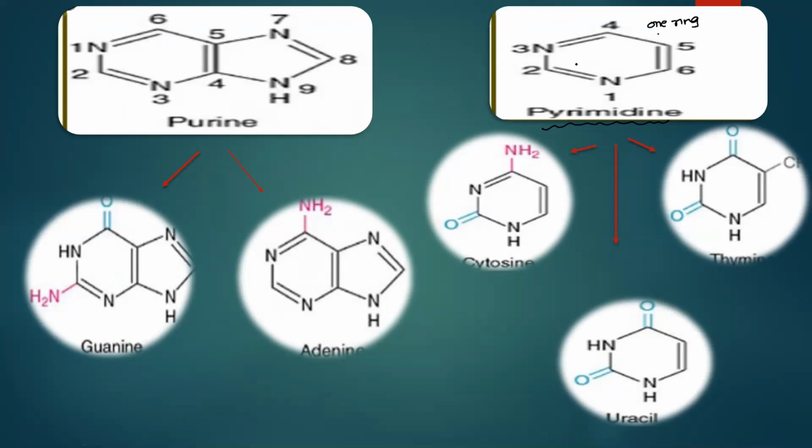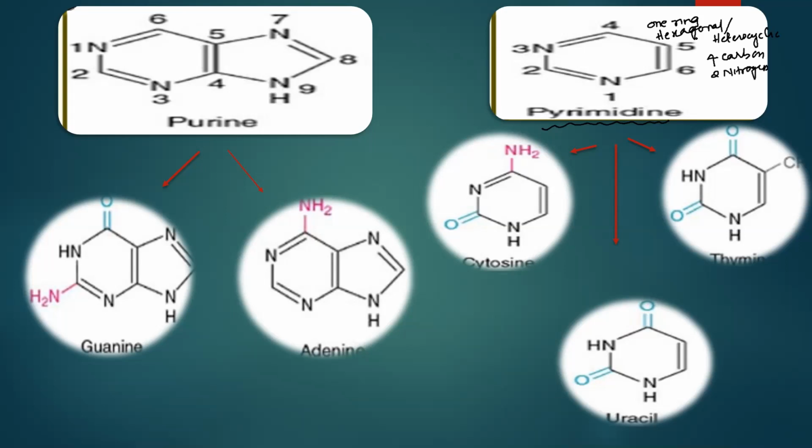It is hexagonal, or you can say heterocyclic, and formed of 4 carbon and 2 nitrogen atoms, right?